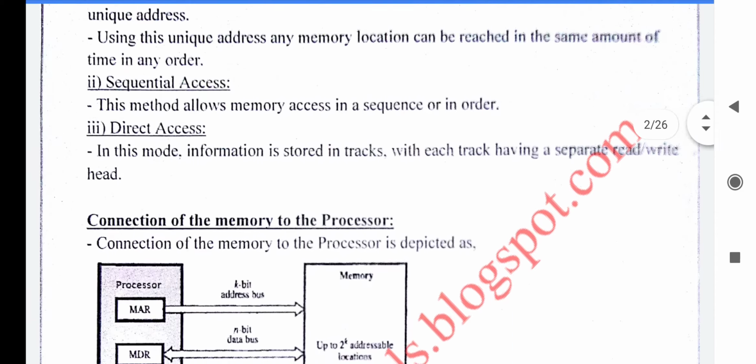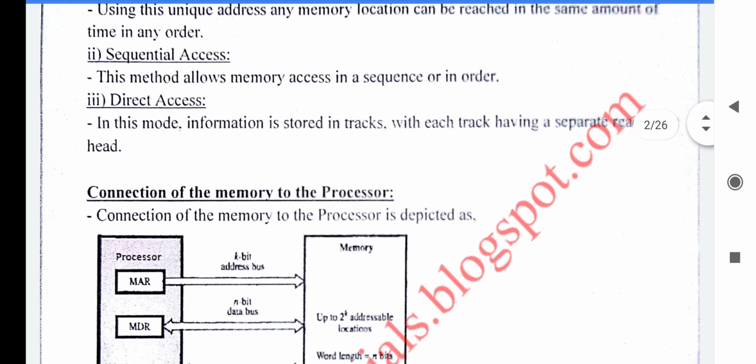Next, sequential access. Sequential access means, as the name itself says, you have to access the content in the memory in a sequential fashion, one by one. This method allows memory access in a sequence or in order.